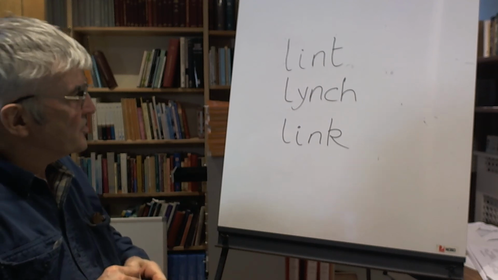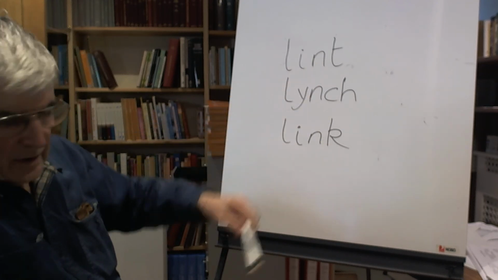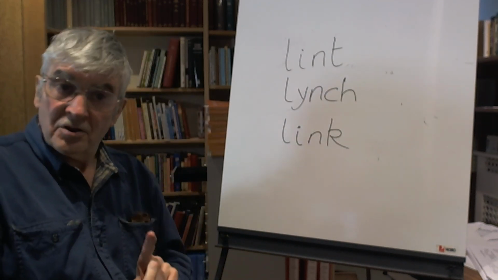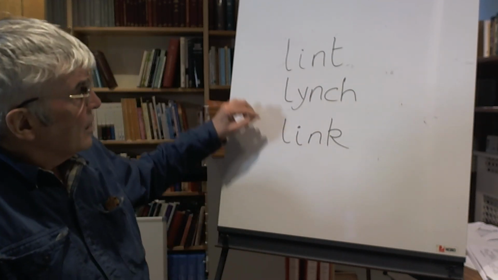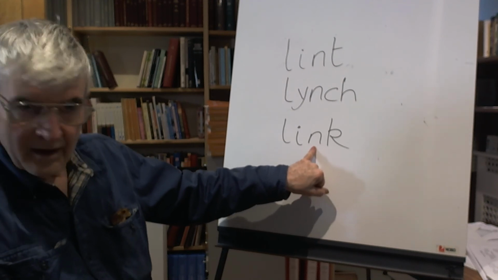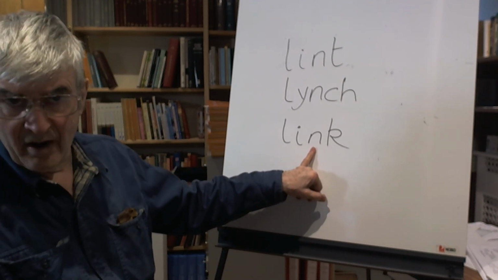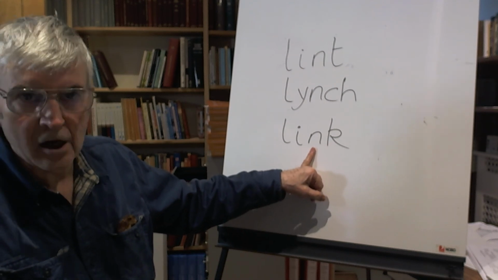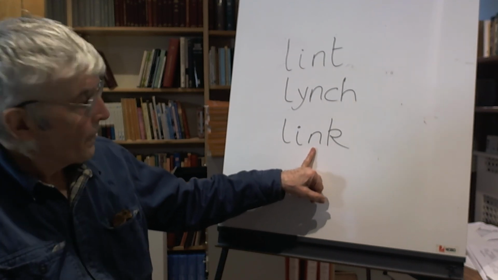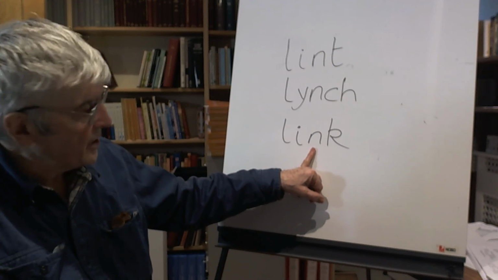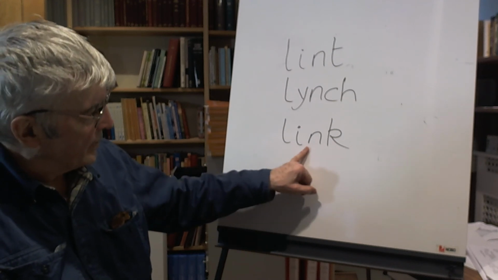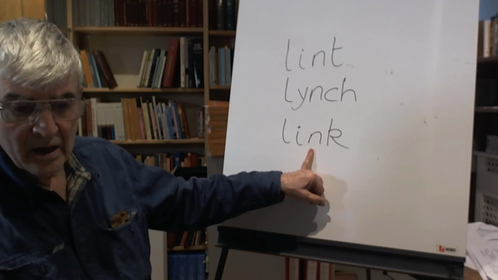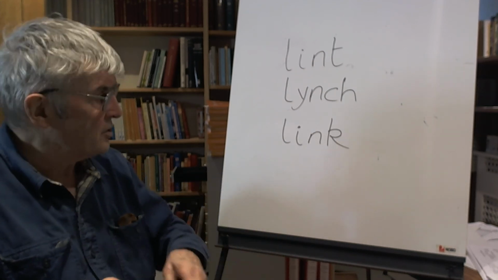We don't distinguish in how the N is written in any of these, but we actually pronounce them all differently. The way the N is pronounced in link is very, very obvious to us, because you can hear it. You don't say lin-k, but link. On its own, it's written as an NG, but with a K following, your tongue automatically puts itself in the right position to pronounce it as a ng.